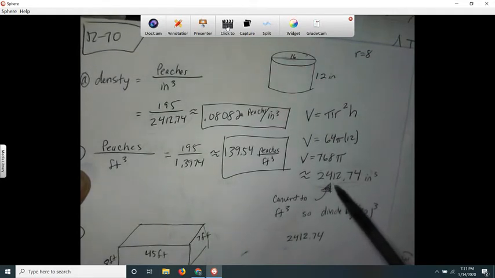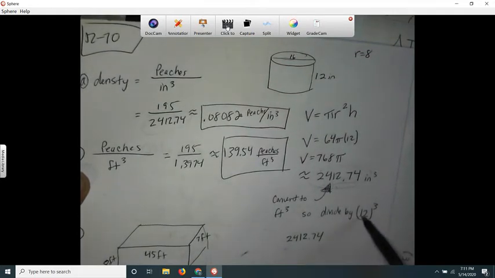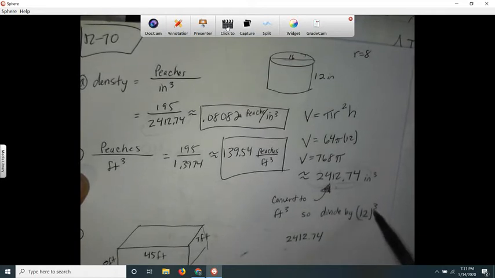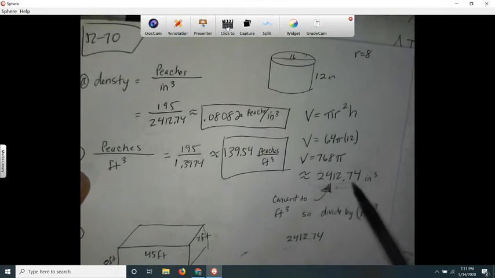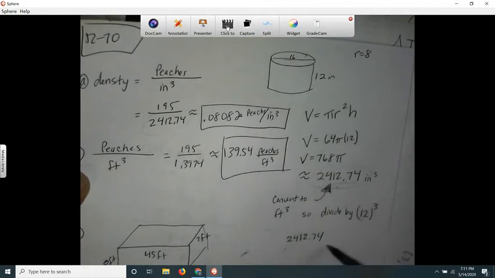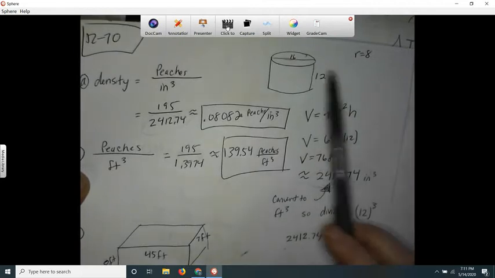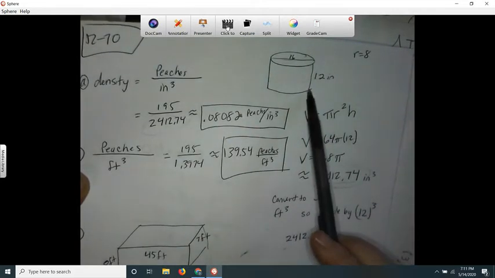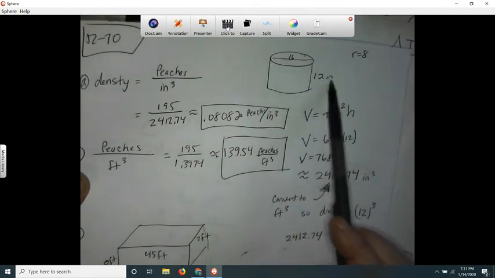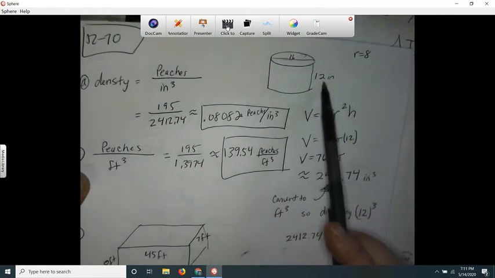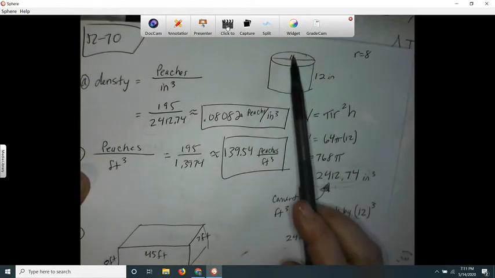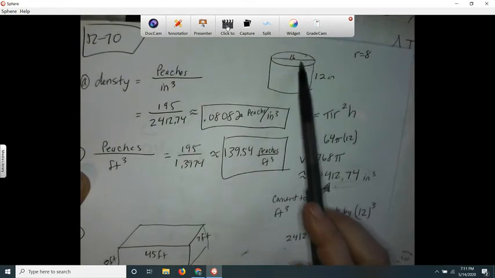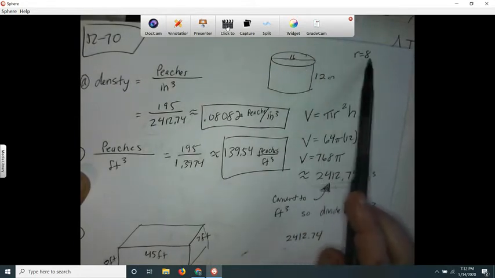I can't just divide it by 12, because it's cubic inches. I have to divide it by 12 to the third, in other words, divide by 12 three times, because we're multiplying three dimensions. The height would be divided by 12 once, and the 8 would be divided by 12 twice because it's r squared.